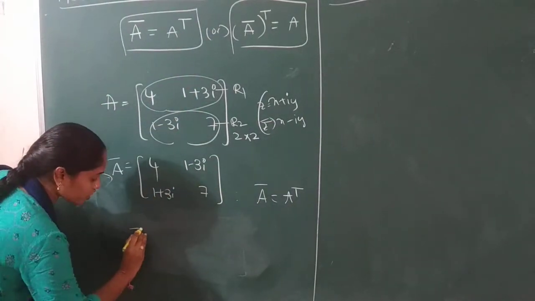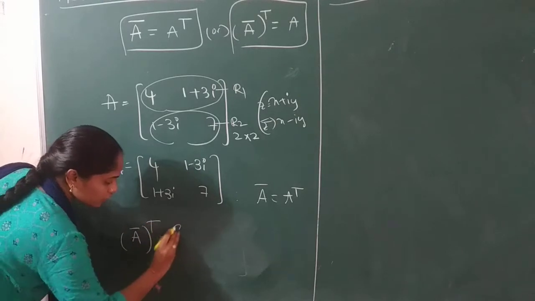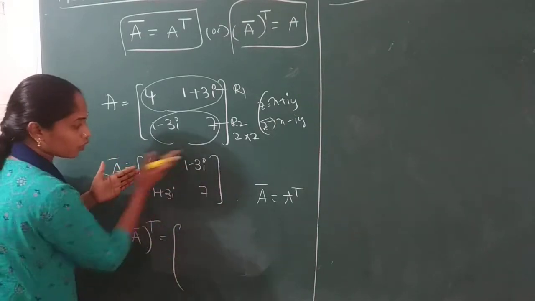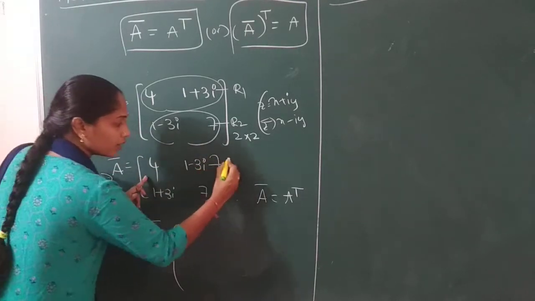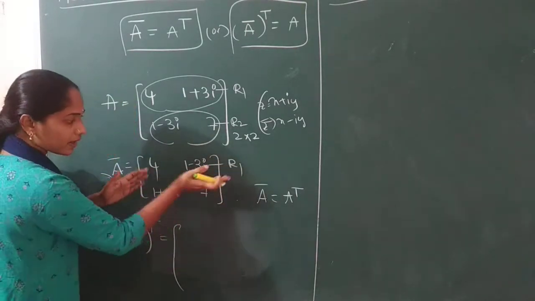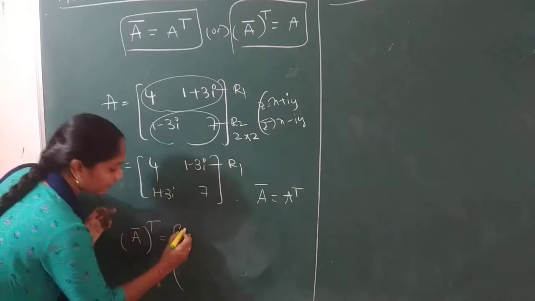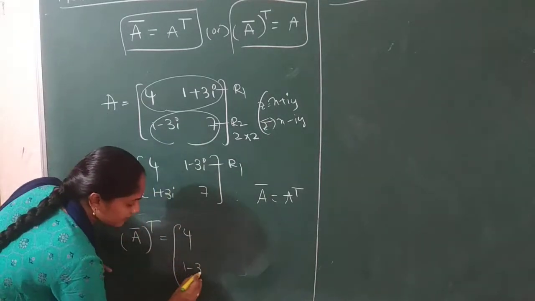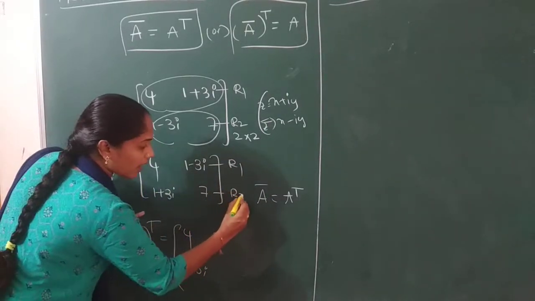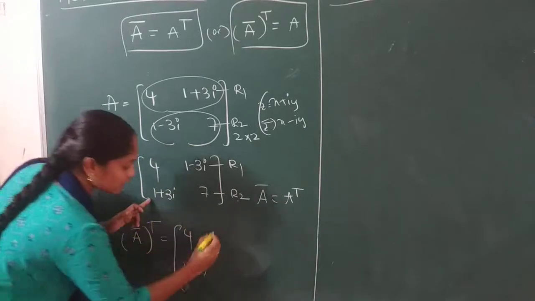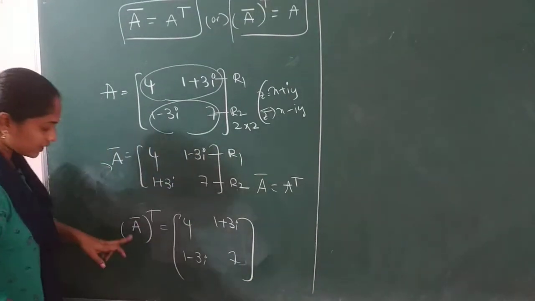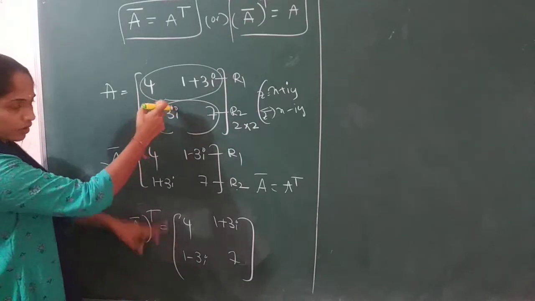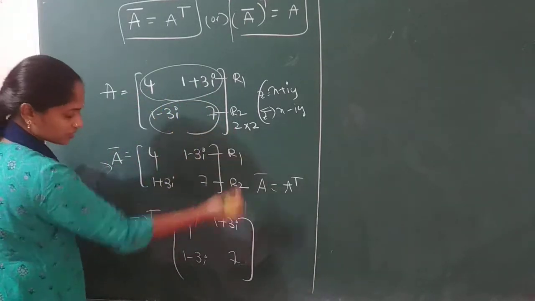Now A conjugate transpose: you have to transpose rows to columns. This is your R1, which becomes C1: 4, 1 minus 3i. And this is your R2, which changes to C2: 1 plus 3i, 7. Please check whether this is the same as your A or not. 4, 1 plus 3i, 1 minus 3i, 7.